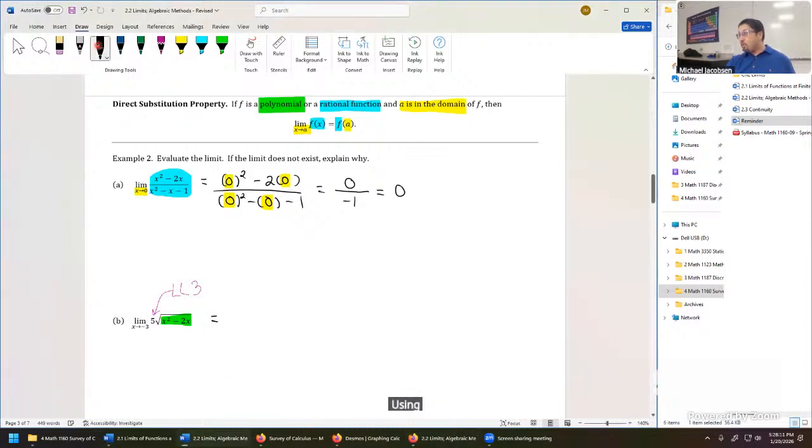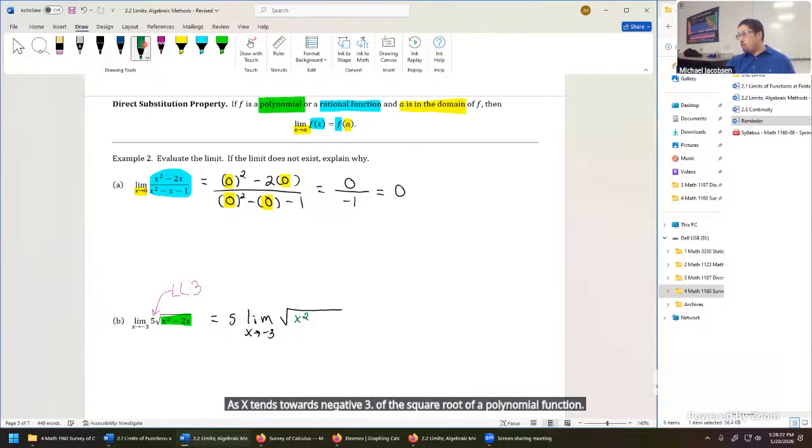Using limit law 3 means we'll have 5 times the limit as x tends towards -3 of the square root of the polynomial function x squared minus 2x. Gets us started.